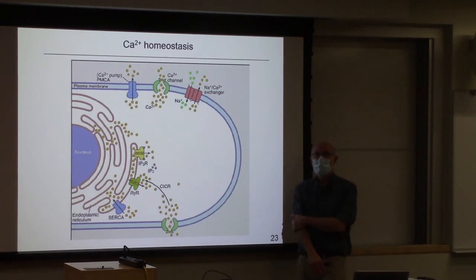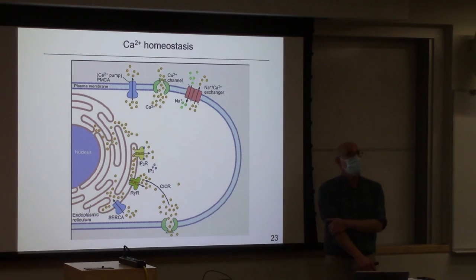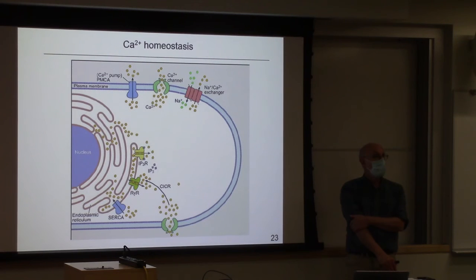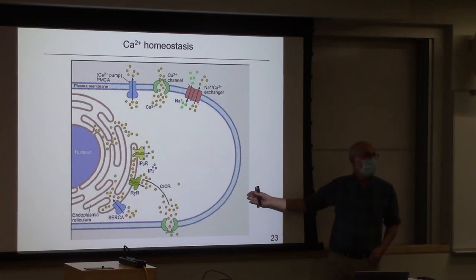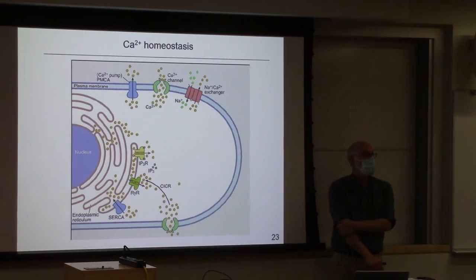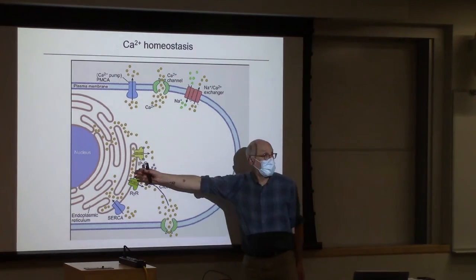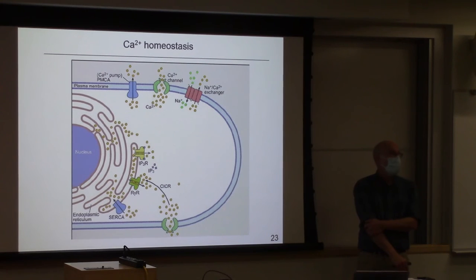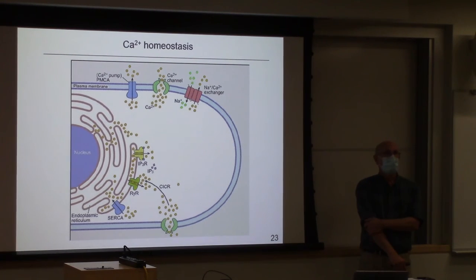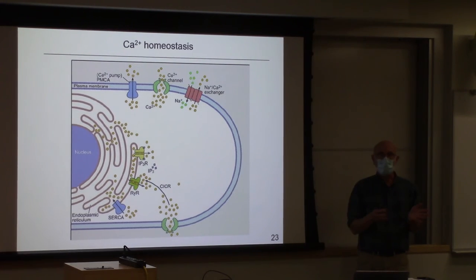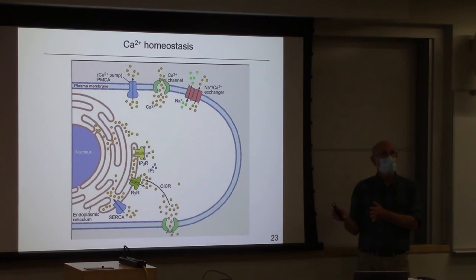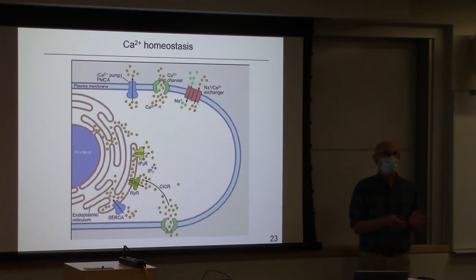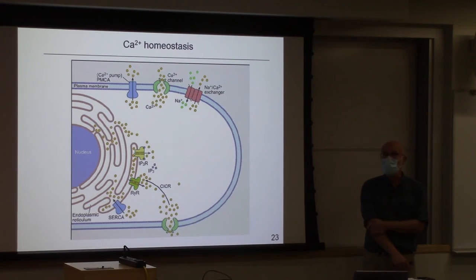Where is calcium high? Outside, and where else? In the SR or ER, the endoplasmic reticulum, where the calcium concentration is millimolar. Millimolar versus micromolar is a 1,000-fold difference. A couple of millimolar versus 0.1 micromolar is a 10,000-fold gradient in calcium concentration. That's a very high gradient.